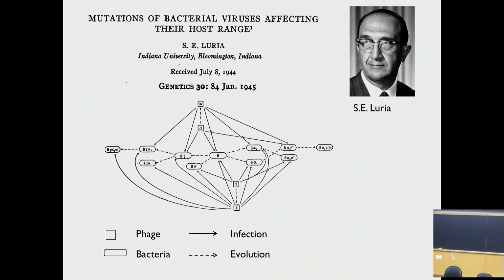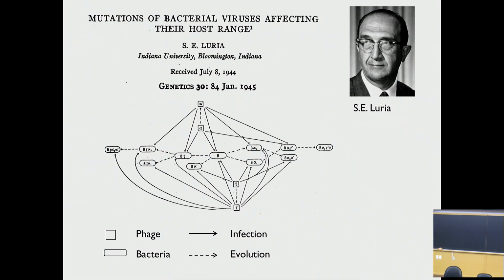So in a perhaps less well-cited and recognized paper, this one just by Luria, they went back and examined, in essence, the beginning of a coevolutionary dynamic between viruses and hosts. And just to get everyone oriented here, these squares represent the viruses, the phage. I'll use the word phage, bacteriophage, to denote viruses that exclusively infect bacteria. And the ovals are bacteria. The labels denote the type of bacteria or phage.